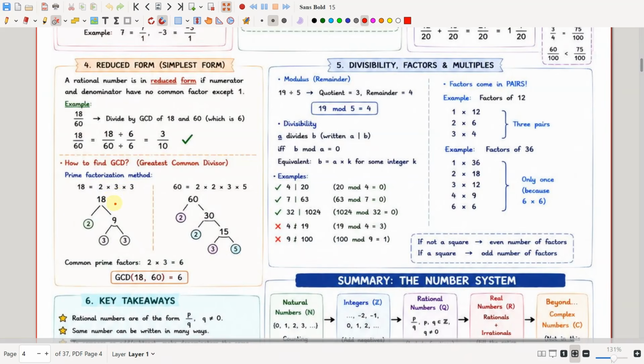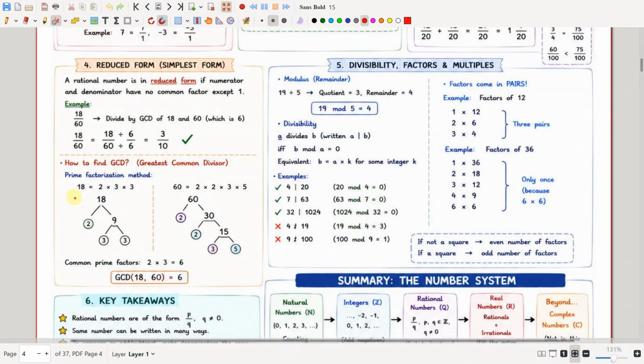We will be comparing two numbers, 18 and 60, where 18 is prime factorized like this: 18 is 2 into 9, where 9 can be split as 3 into 3. 60 is equal to 2 into 30, then 30 is split into 2 into 15, then 15 is split into 3 into 5.